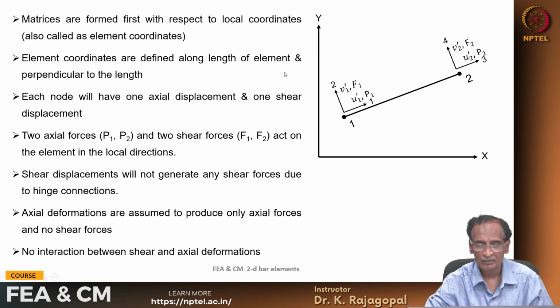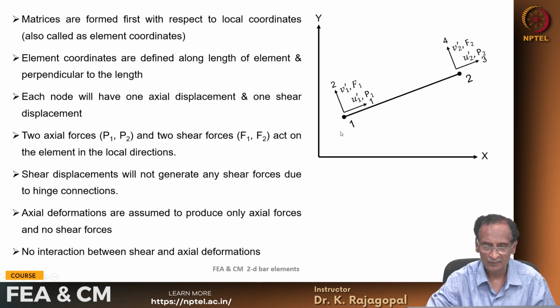So here we see this element having 2 nodes 1 and 2, and x and y are the Cartesian coordinates. X is defined along the horizontal axis, y along the vertical axis, and u1 prime is the axial deformation at node 1 and u2 prime is the axial deformation at node 2. v1 prime and v2 prime are the shear deformations perpendicular to the length of the element.